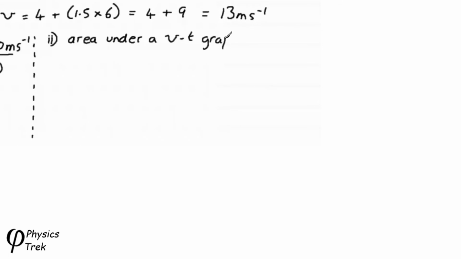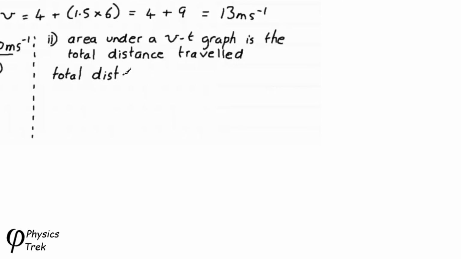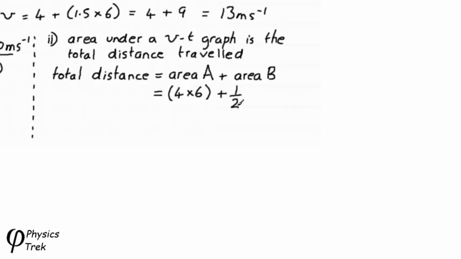The area under a velocity time graph is the total distance travelled. The total distance is equal to the area A plus the area B, which equals 4 times 6 plus a half, 9 times 6, which equals 24 plus 27, which equals 51.